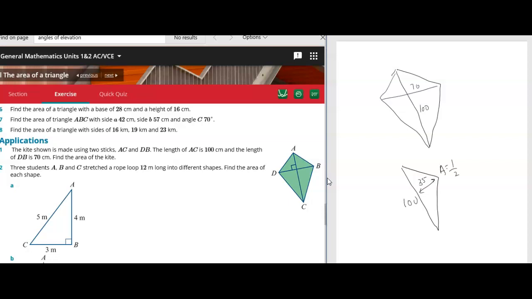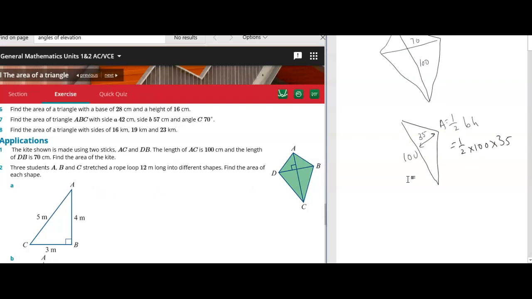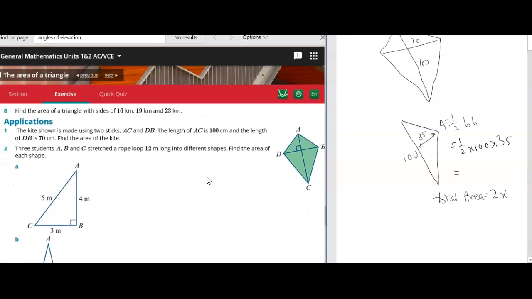The area equals a half base times height, so a half times 100 times 35. You can just do that on your calculator, and then you need to multiply this answer by 2, because this is only half the kite.